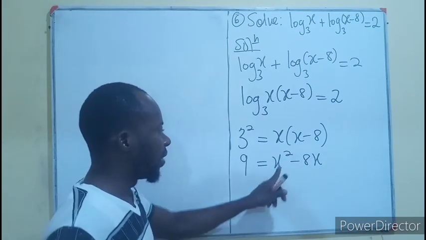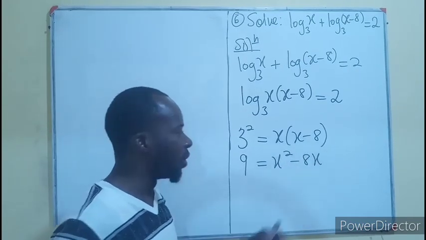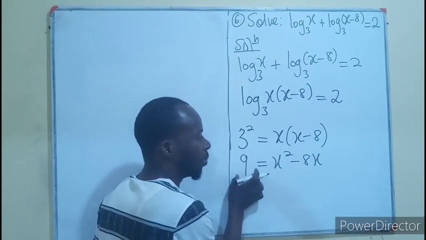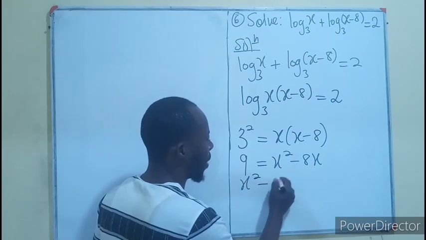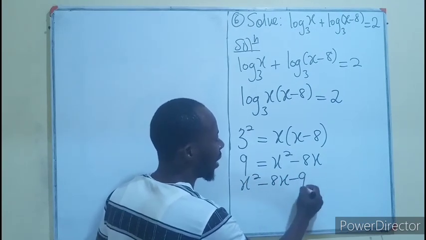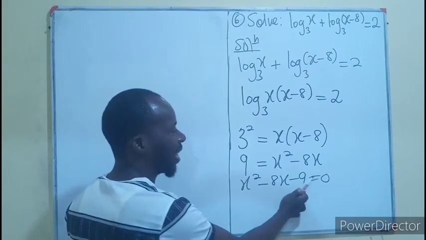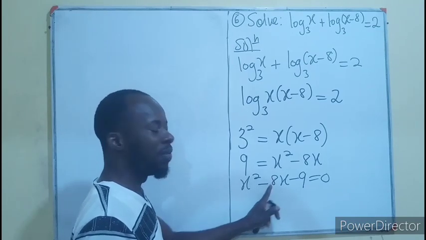We are seeing x to the power of 2, x to the power of 1, and a constant: a quadratic equation. Let's rewrite this by sending the 9 to this side, that is, subtracting 9 from both sides. You'll have x squared minus 8x minus 9 equals 0. So now we are looking for factors of negative 9 which, when you add, you get negative 8.